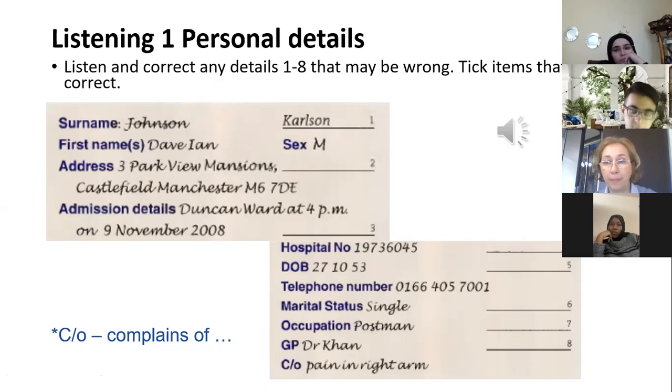Okay, we have admission details. It was 2 p.m., not 4 p.m. Okay, what else is wrong? And we have the hospital number 19733045. Okay, thank you. That's 6. Yes, I see.